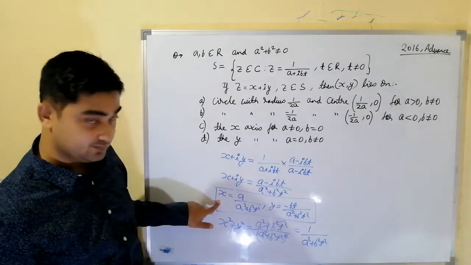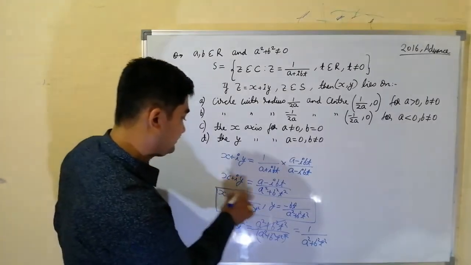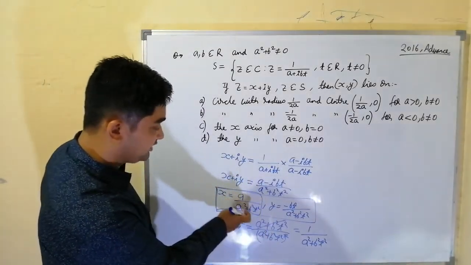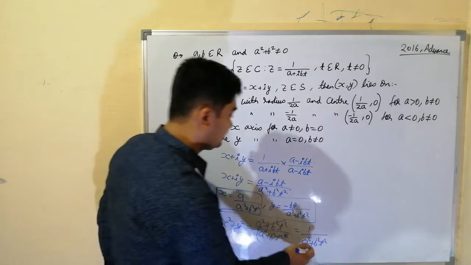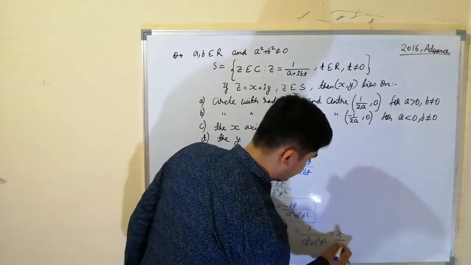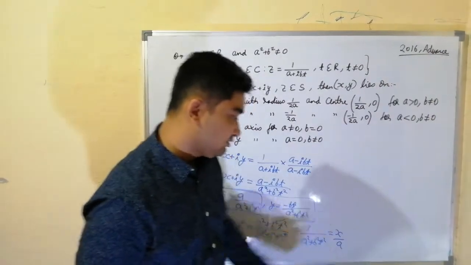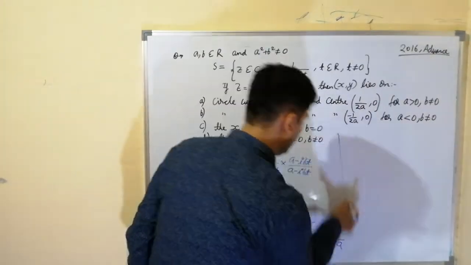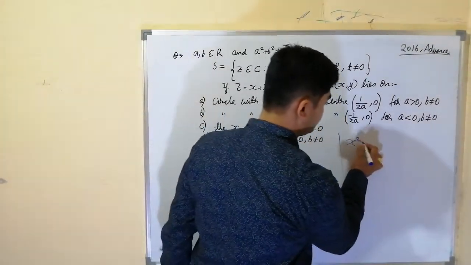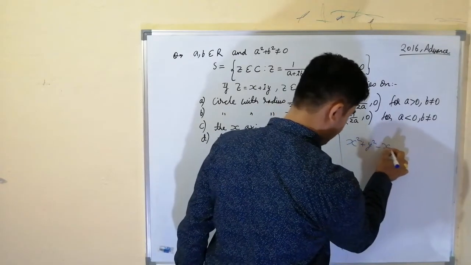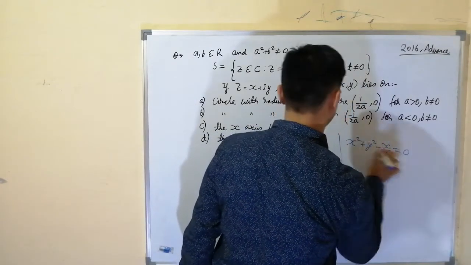From this we know that 1 by a square plus b square t square is x by a. So replace this with x by a. That means we will have x square plus y square minus x by a is equal to 0.